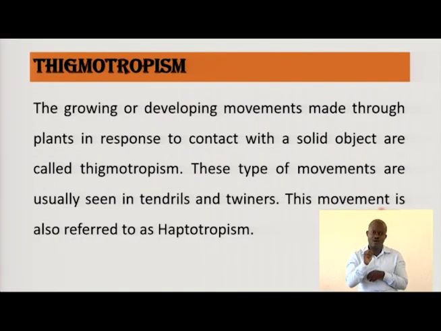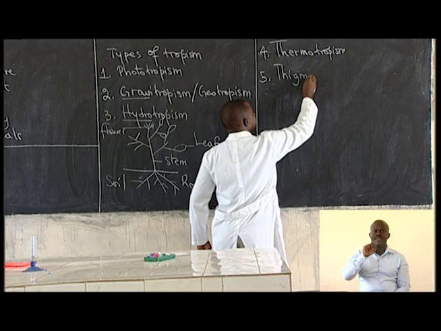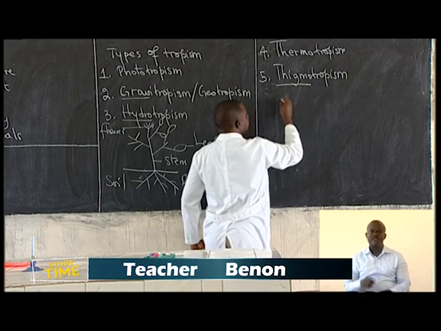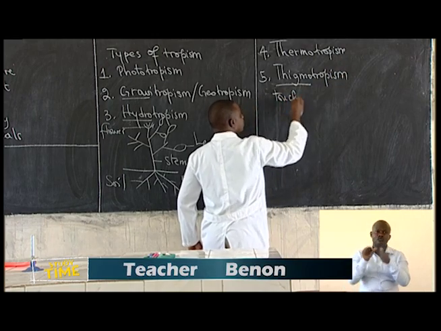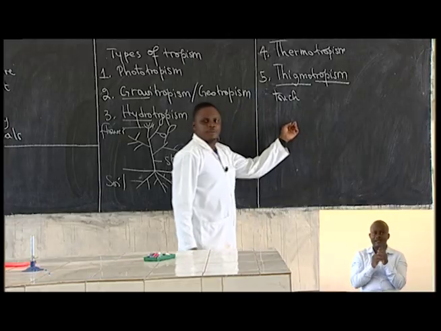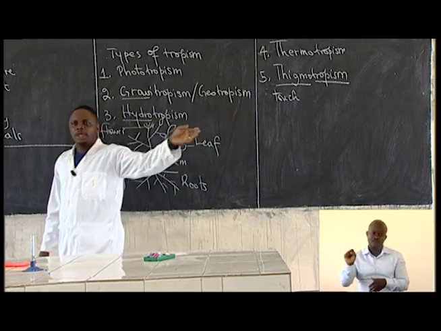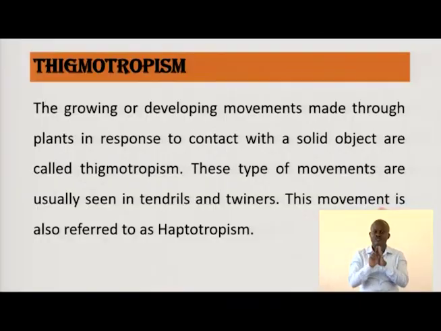Then we also have what we call thigmotropism. The fifth type of tropism, thigmotropism. This is about touch, and of course tropism is the response of the plant towards the stimulus. The growing or developing movements made through the plants in response to contact with a solid object are called thigmotropism.